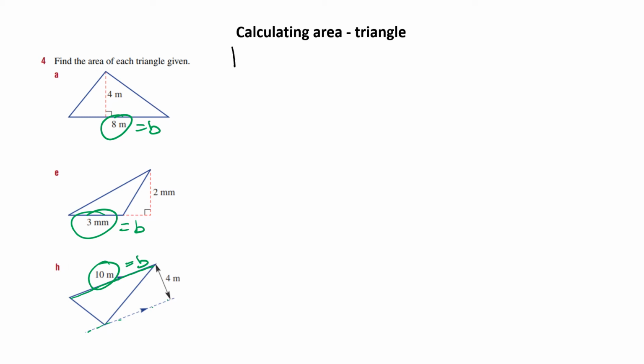So let's write the equation out up the top. Area equals half times base times height. Let's write this out. A equals half times, in this case B is 8.